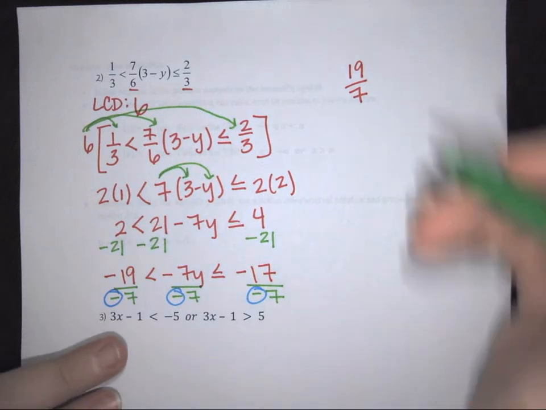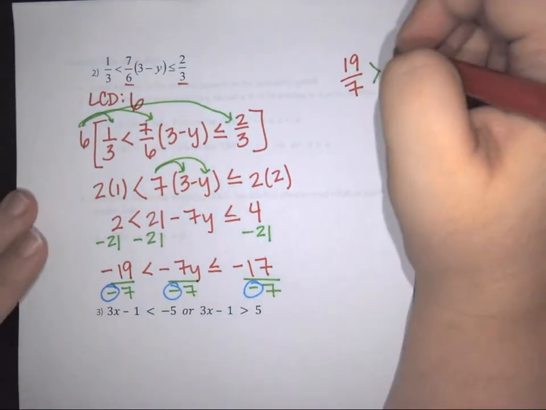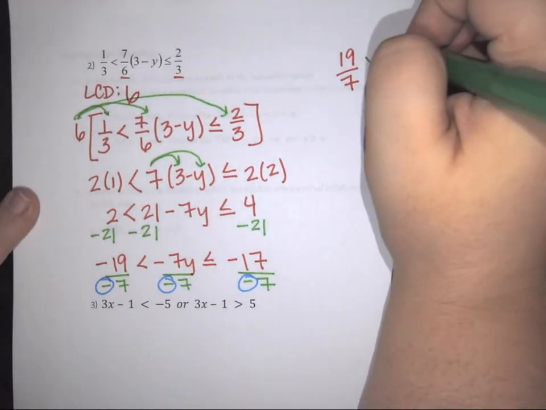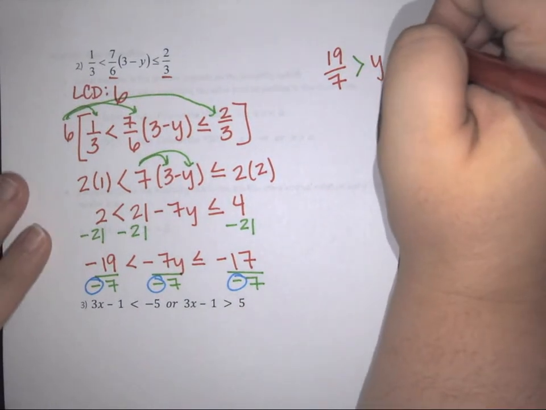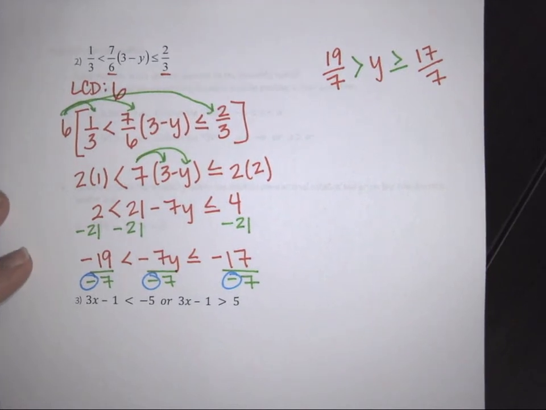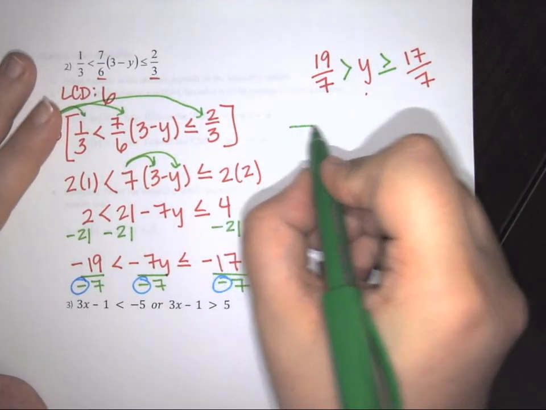I have to flip my sign, so my sign changes directions. I get a y in the middle, and then I have to flip my sign again to get 17 over 7. Okay. Now notice y is by itself, so at this point I am ready to go ahead and graph my inequality.